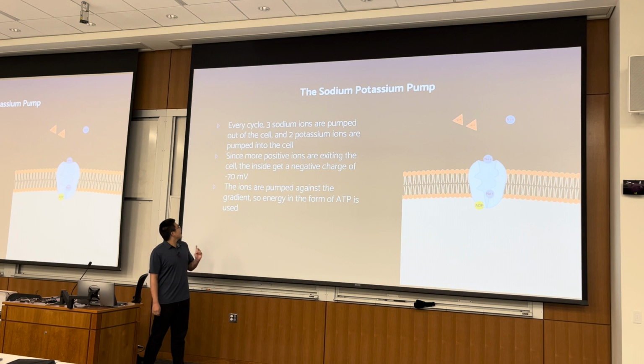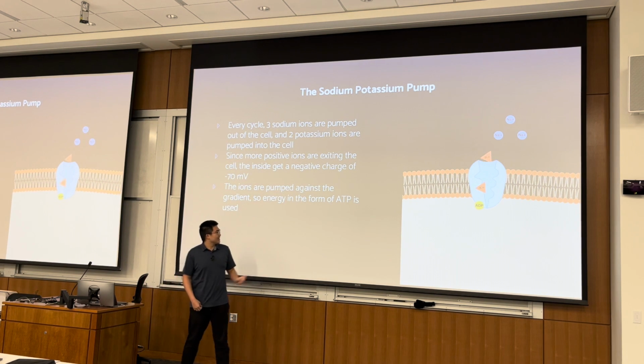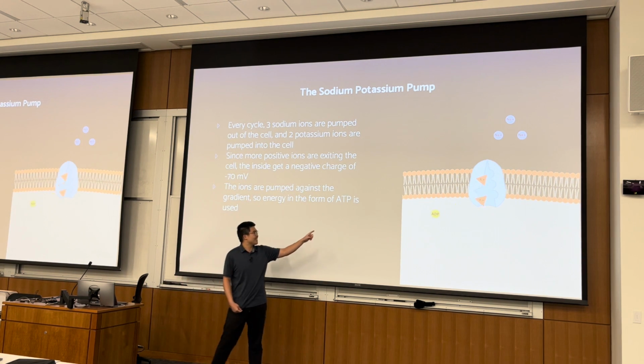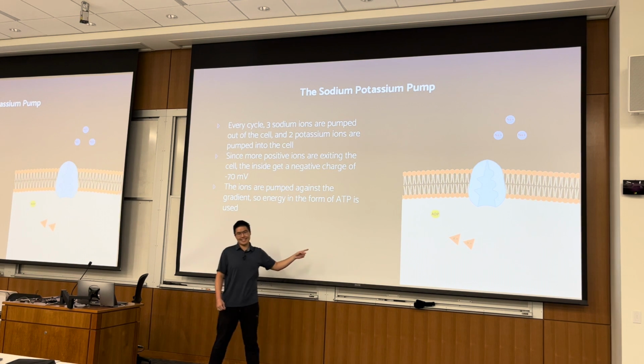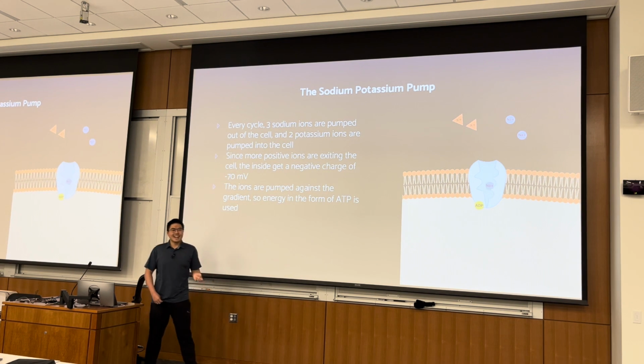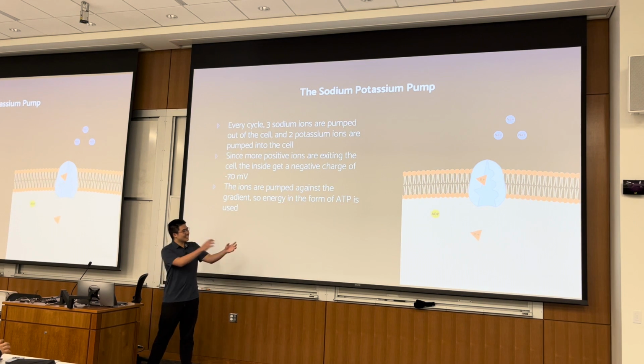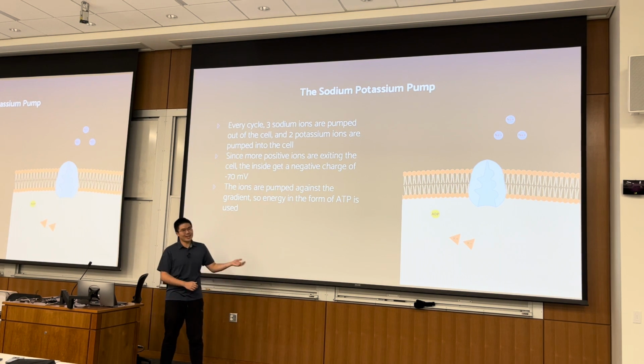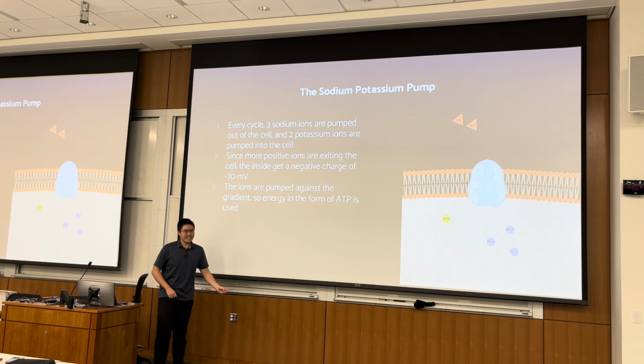And also, you may notice we have ATP coming in, being used, and becoming ADP. Since this process is against the gradient, meaning it's creating a difference between the inside of the cell and the outside of the cell, it requires energy in the form of ATP.